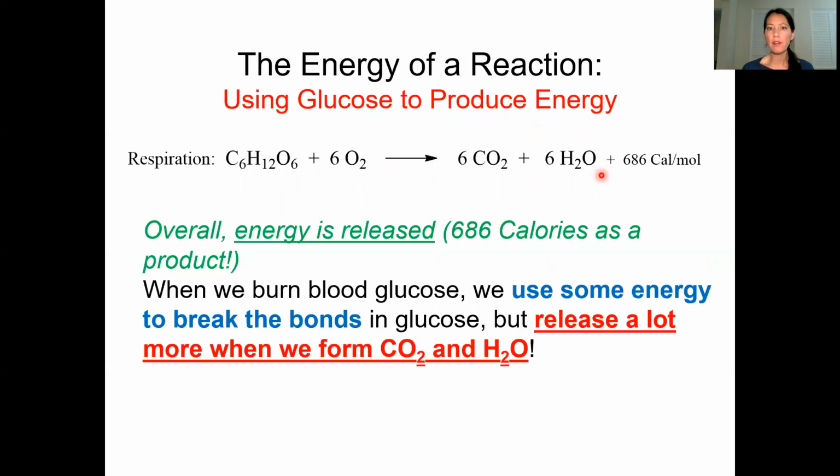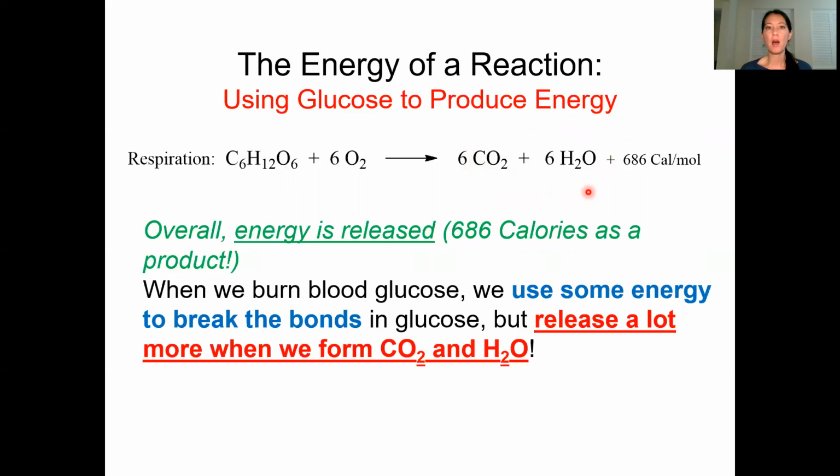This is a very, very important concept for you guys to understand, and hopefully we can revisit this over and over. The biggest reason why a reaction is endo or exothermic is whether or not the energy used to break the reactant bonds is greater or lower than the energy released when you form the product. So that's a really key thing here.